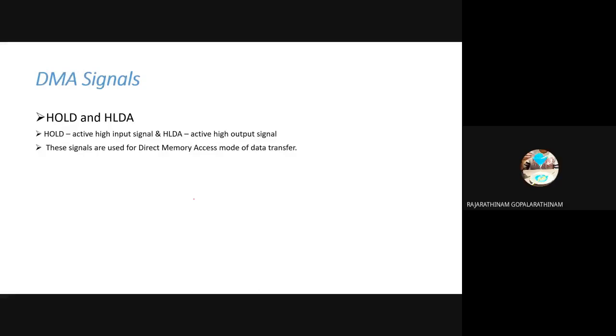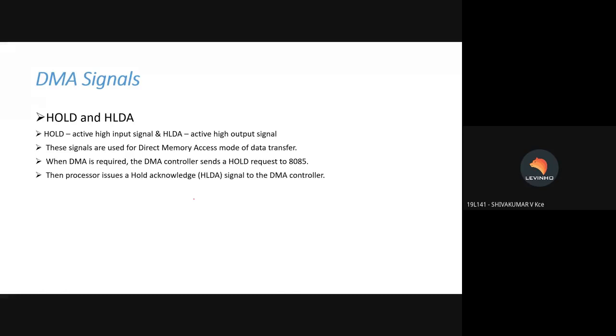These signals are used for transferring the data from memory to I/O. When DMA is required, the input peripheral device sends a request signal so that the DMA controller sends the HOLD signal to the CPU. After acknowledging the signal, the CPU sends the HLDA signal to the DMA controller.